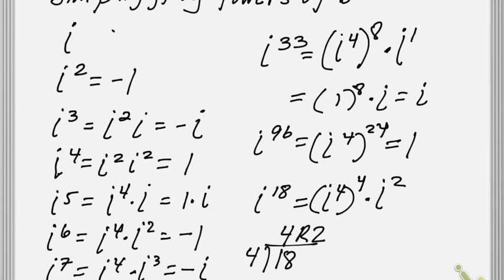Stop and check it and look at the relationship between dividing the exponent by 4, which tells me how I should rewrite the power of i. And then I have this really easy expression to evaluate, where i to the 4th is 1 to the 4th, which is 1, times i squared, and i squared is -1.